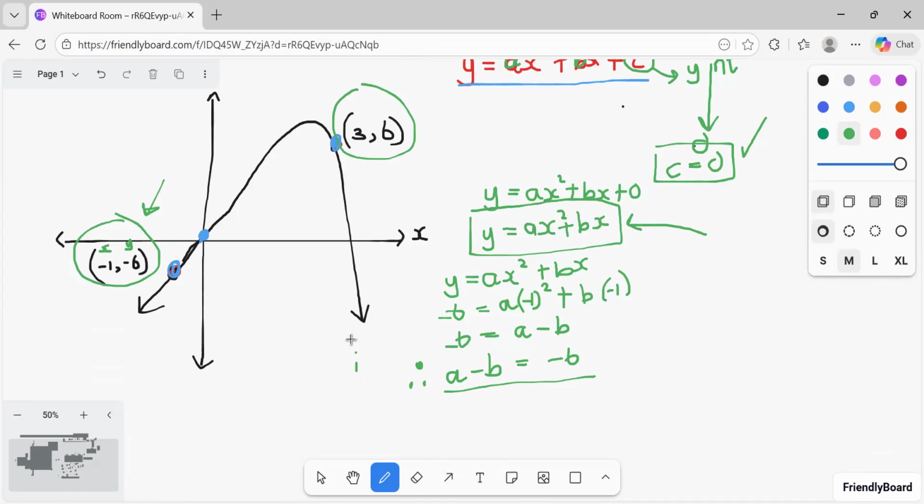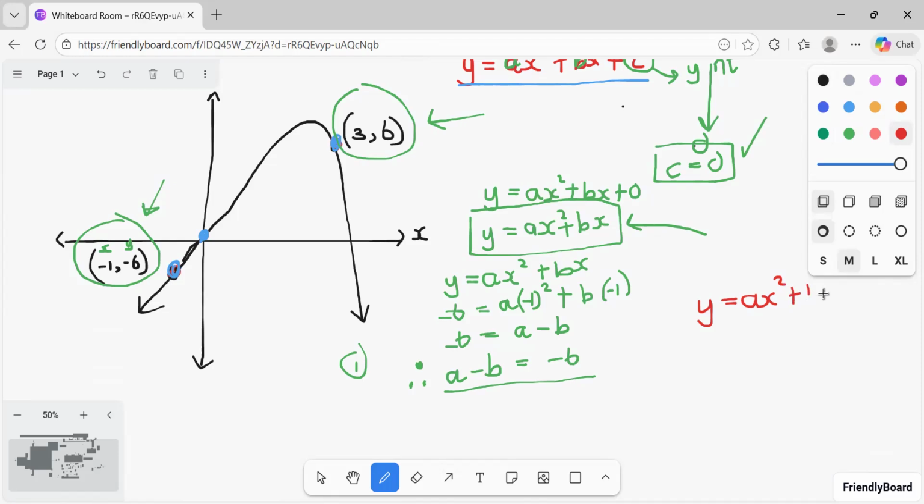All right, so for my second equation, I'm going to be substituting this point here, 3 and 6. Let me use a different color this time around. So y is equal to ax squared plus bx.